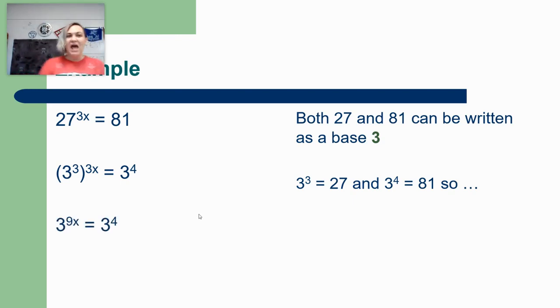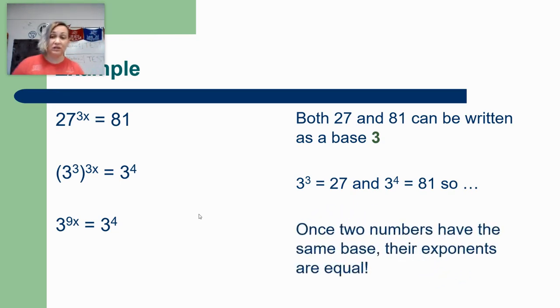All right. Now, logically, if I have 3 to a power equals 3 to another power, those powers should be the same, right? 3 to a power, 3 to a power, they have to be the same power. So once you get your common base, once the big numbers are the same big number, you can actually cancel those out.